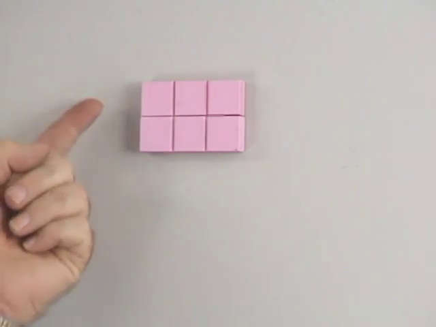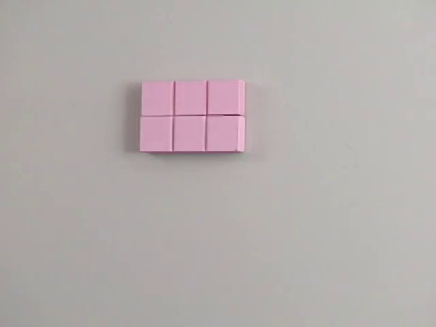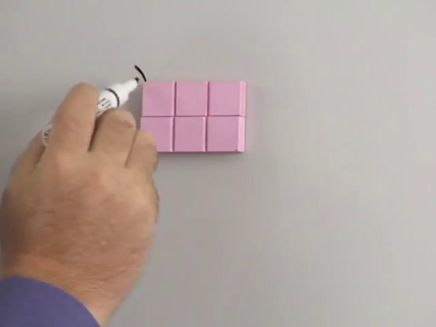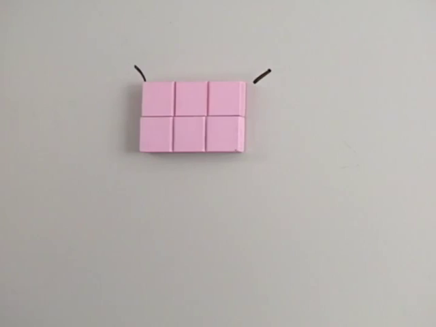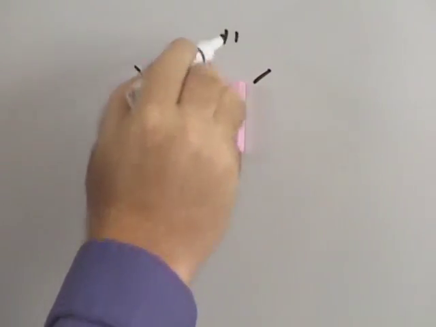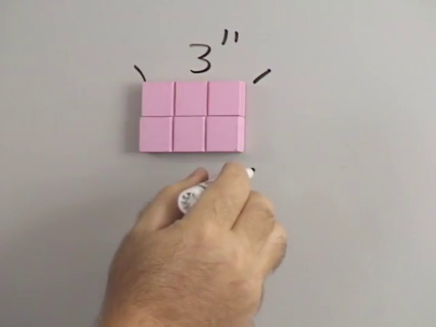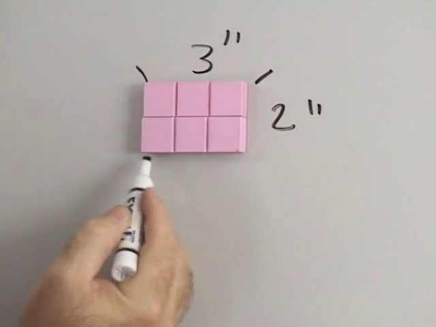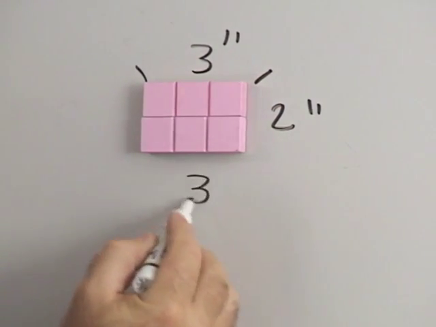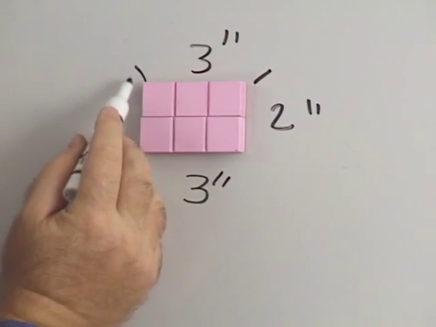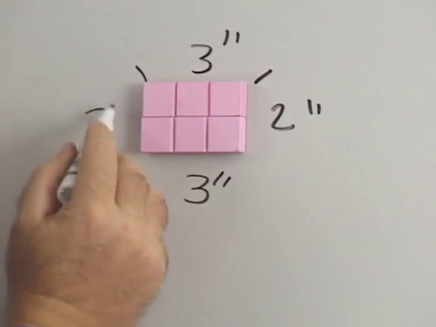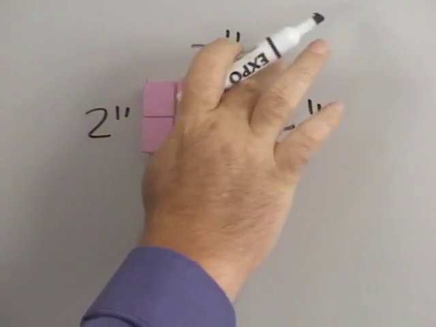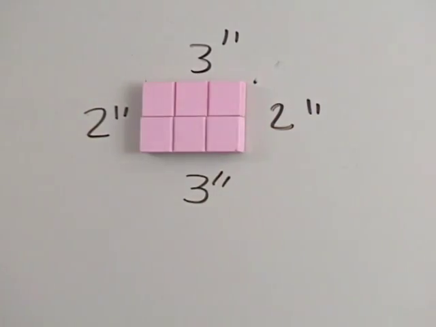If you started right up here at this corner, how far over to this corner? 3 inches. How far if you slid down this side? 2 inches. Hand over hand across this, 3 more inches. You climbed up this side, 2 more inches. And so the perimeter would be adding all of these up.